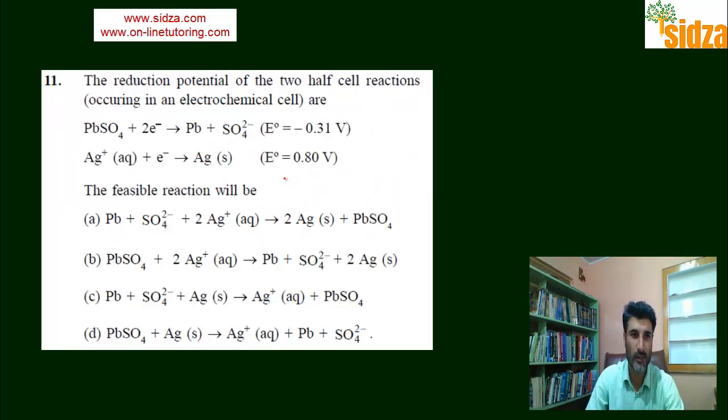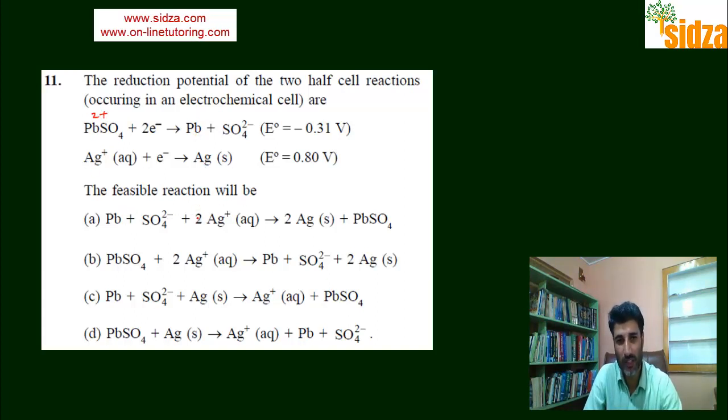Now question number 11. We are given the reduction potentials of the two half cell reactions: lead 2+ being converted into lead metal, and silver ion into silver.